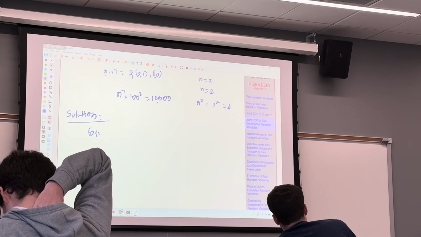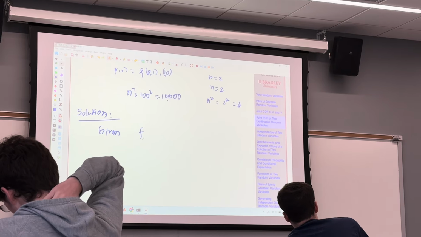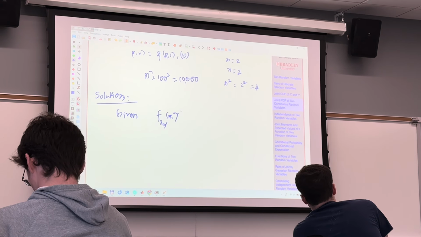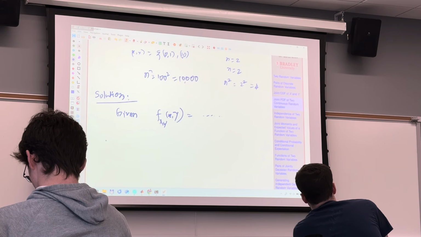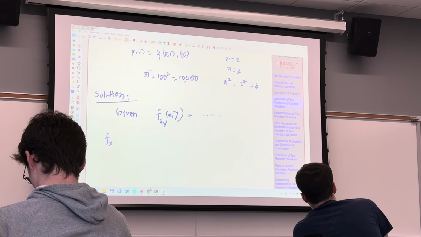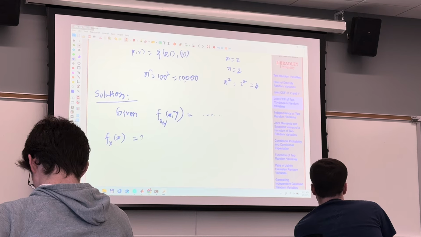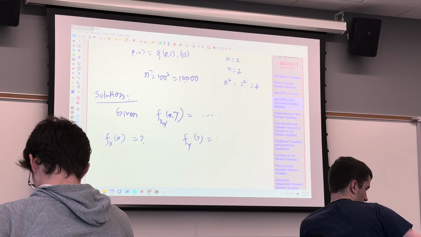Given f sub x,y taking value x,y, which is given by this expression, I want to find what f sub x of x equals and what f sub y of y equals.